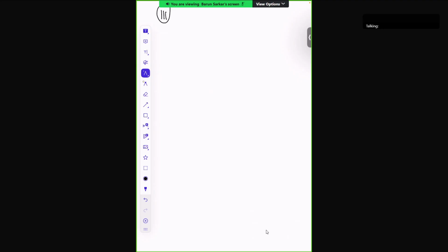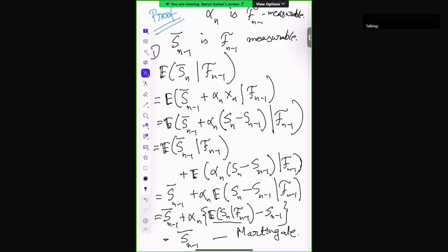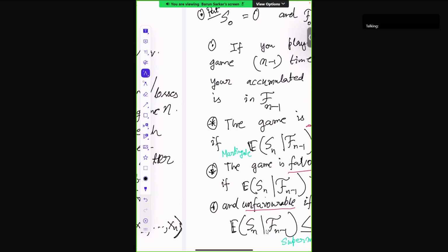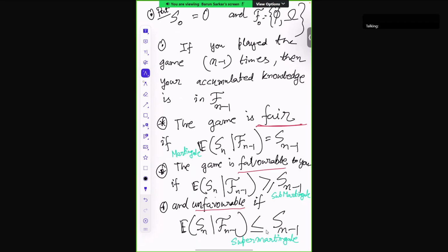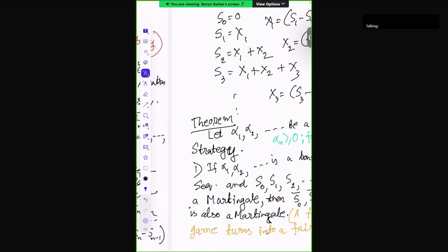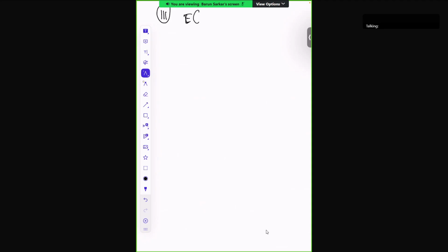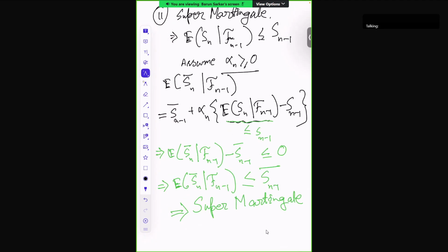So, submartingale. Submartingale means the expectation of Sn given Fn minus 1 is greater than or equal to Sn minus 1. Okay?